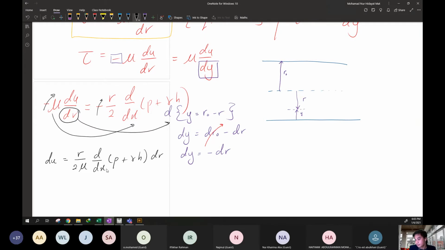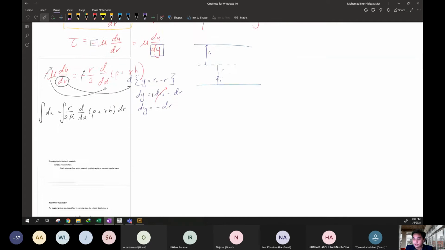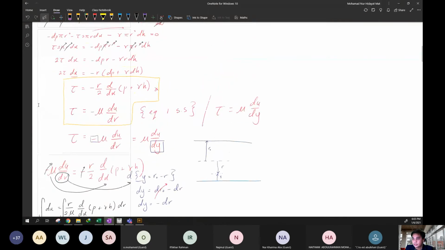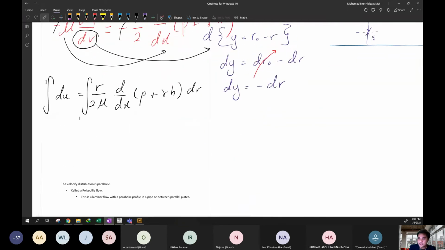dr. Okay, after this we have du and dr, we can do the integration on both sides in order to get the velocity vector for the developed flow here. When we do this, we know that integration of du is the velocity, we get u as a function of r.